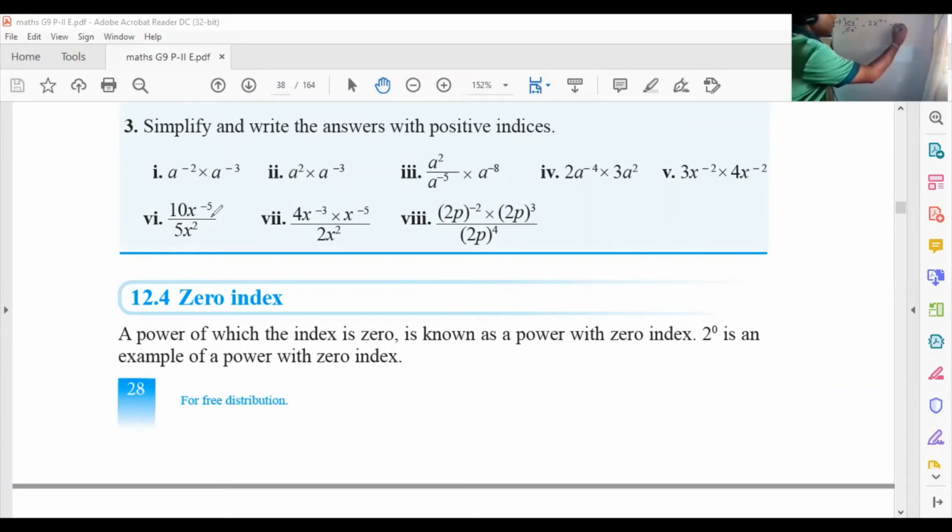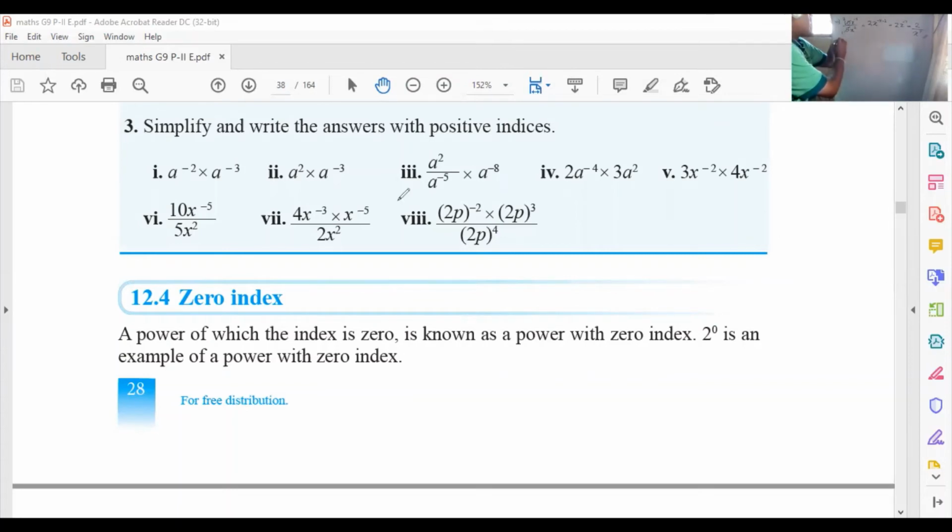That is 2x to the power negative 7. Negative 5 and negative 2, it becomes negative 7. You should give the answer with positive indices. Therefore, you should take x to the power 7 to the denominator place. Then 2 upon x to the power 7.